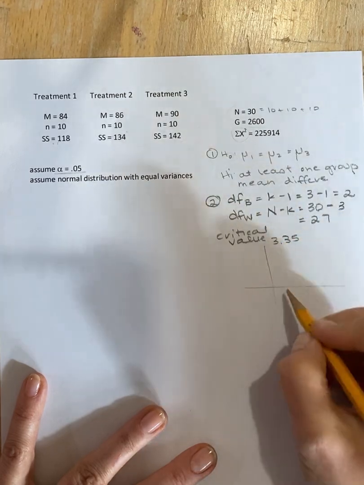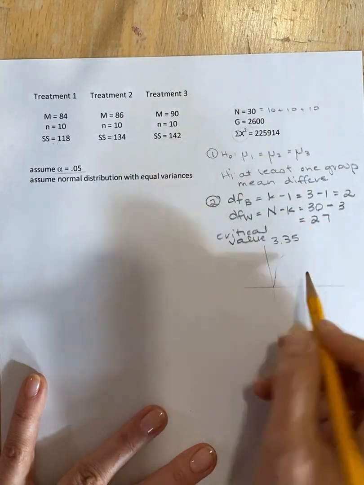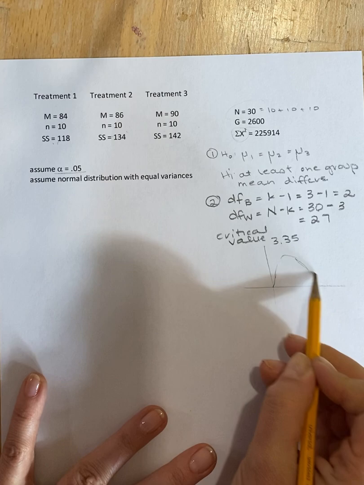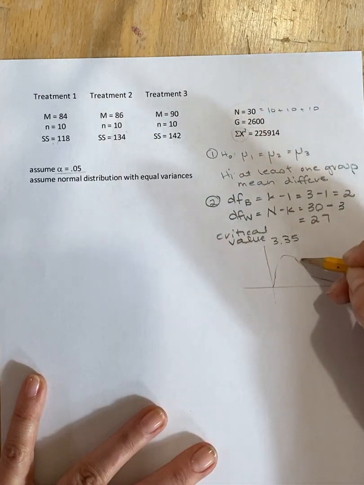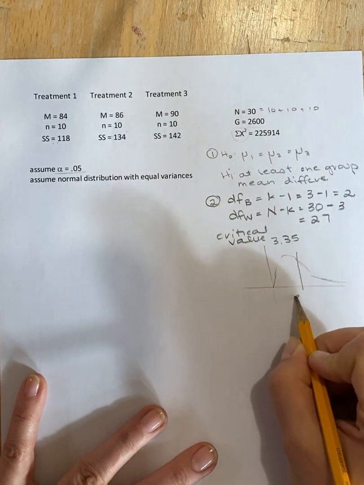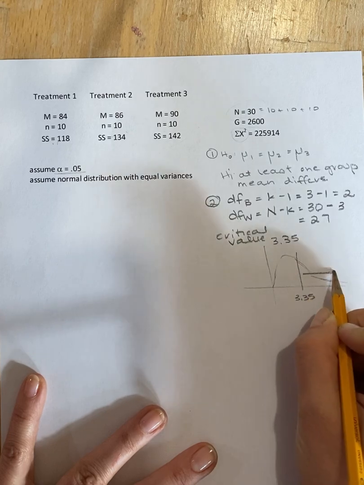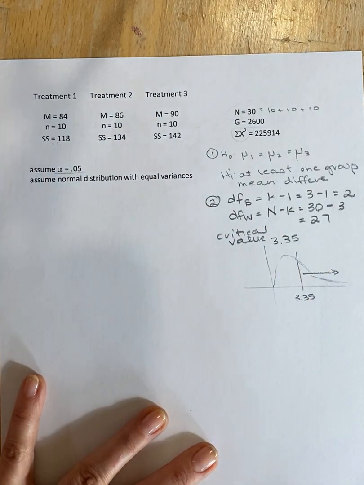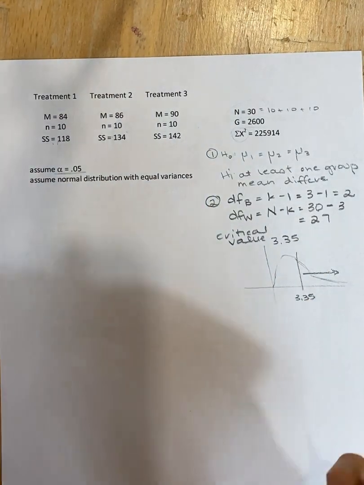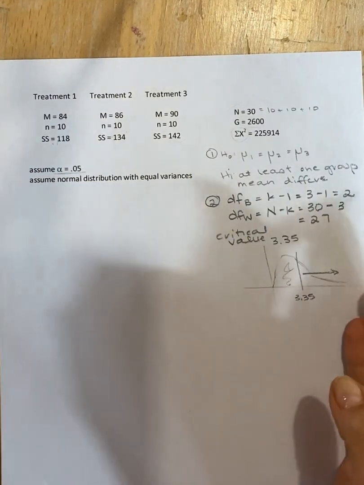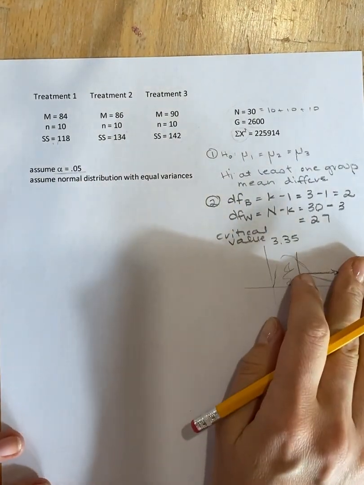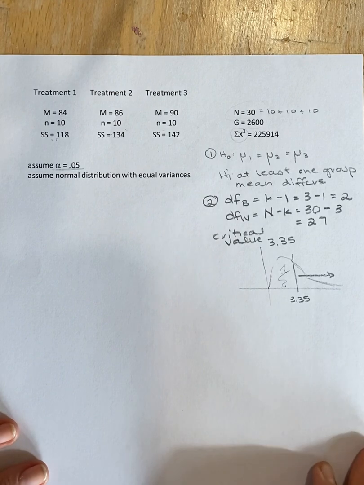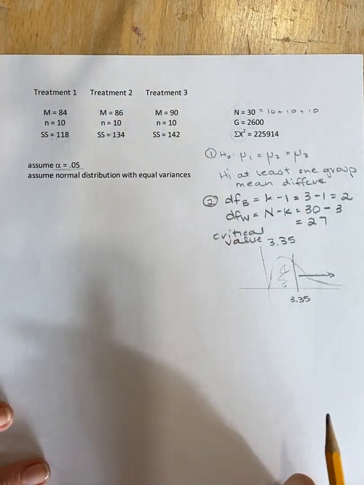If the distribution looks a little bit like this, and if this is 3.35, anything that falls out here is going to be reject the null, accept the alternate, and anything that's over here is going to be fail to reject the null. What we need to do now is calculate that F statistic.